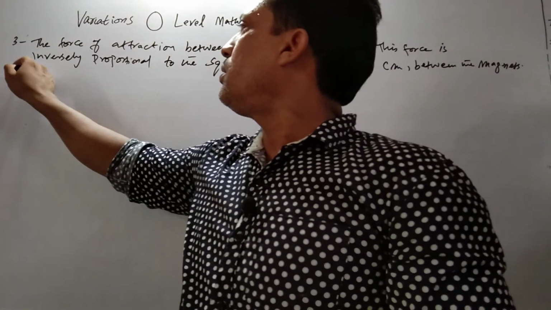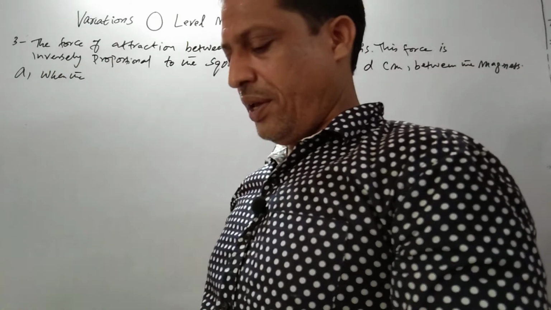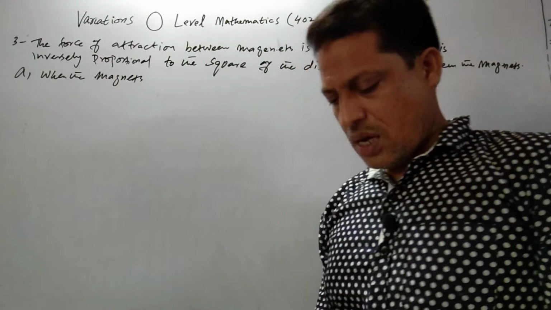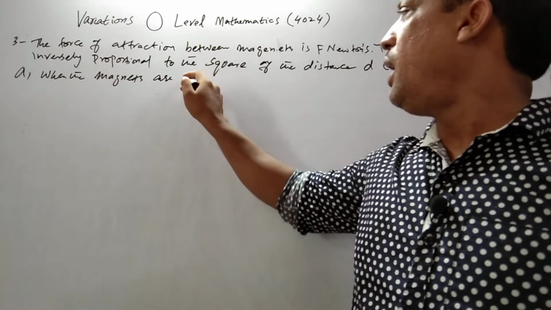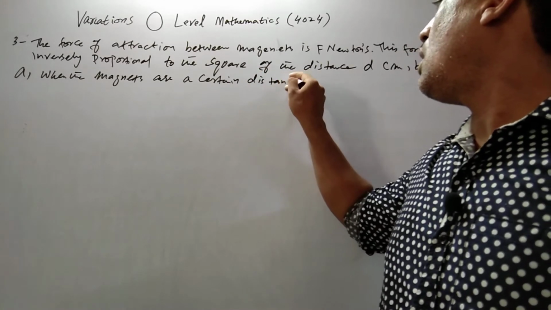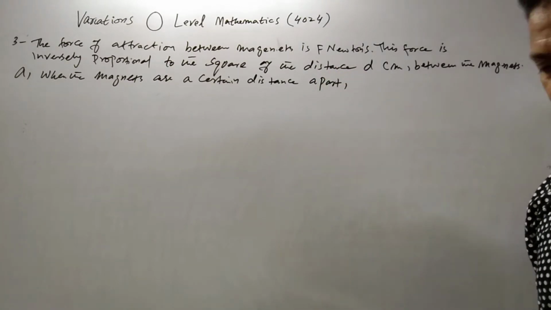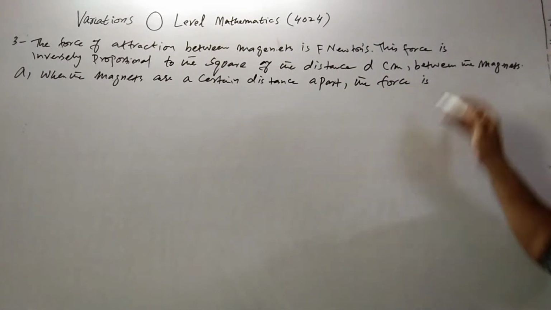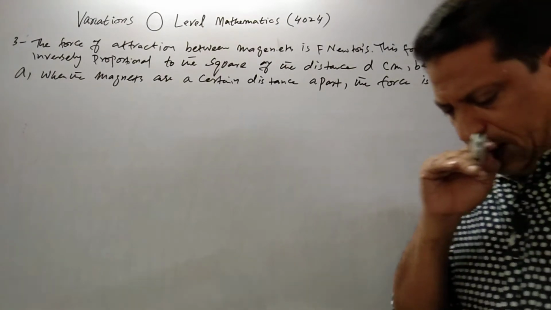Part A. When the magnets are a certain distance apart, the force is 10 newtons.